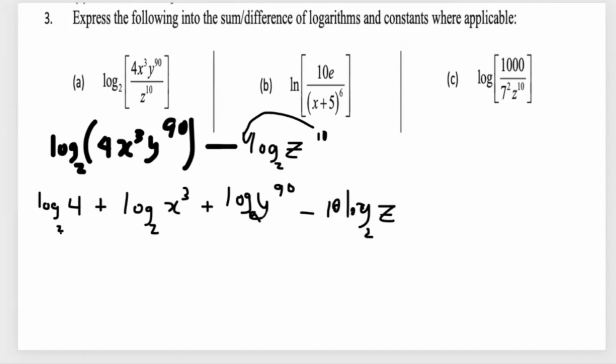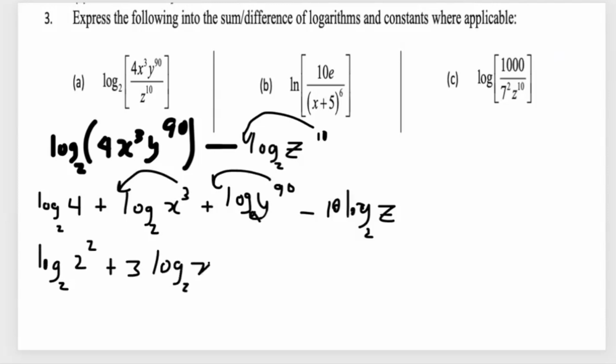Now, because this is base 2 and this is 4, I'm going to change 4 as 2 squared. So I have log base 2 of 2 to the 2, and then carry these in front. So you'd have plus 3 log base 2 x plus 90 log base 2 y minus 10 log base 2 z.